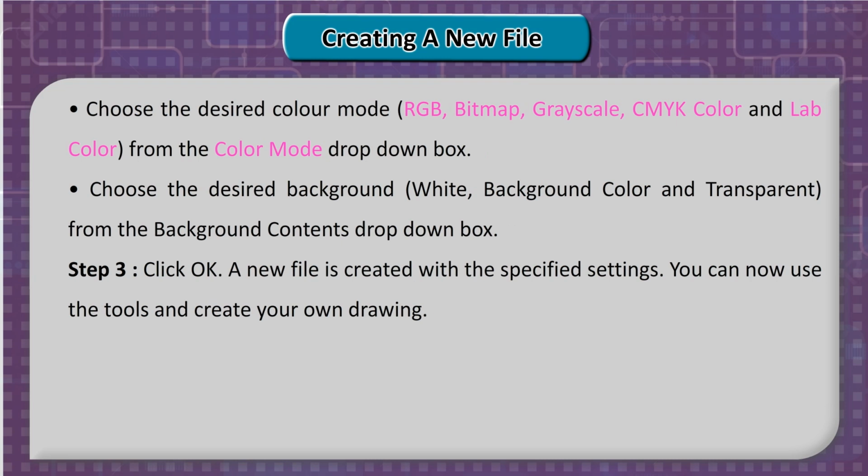Choose the desired color mode, RGB, Bitmap, Grayscale, CMYK Color and Lab Color, from the Color Mode drop-down box. Choose the desired background, White, Background Color and Transparent, from the Background Contents drop-down box. Step 3. Click OK. A new file is created with the specified settings. You can now use the tools and create your own drawing.